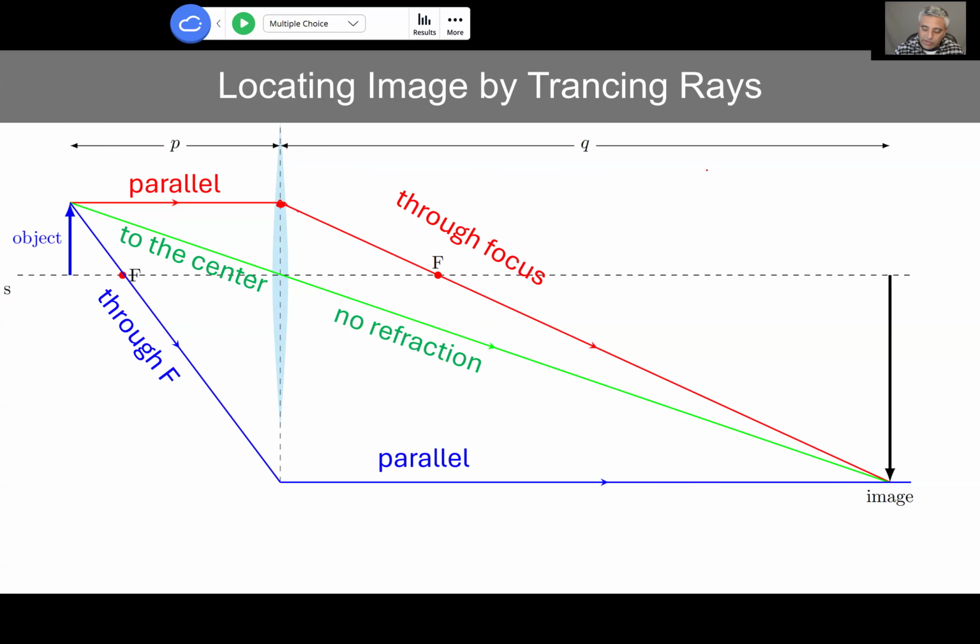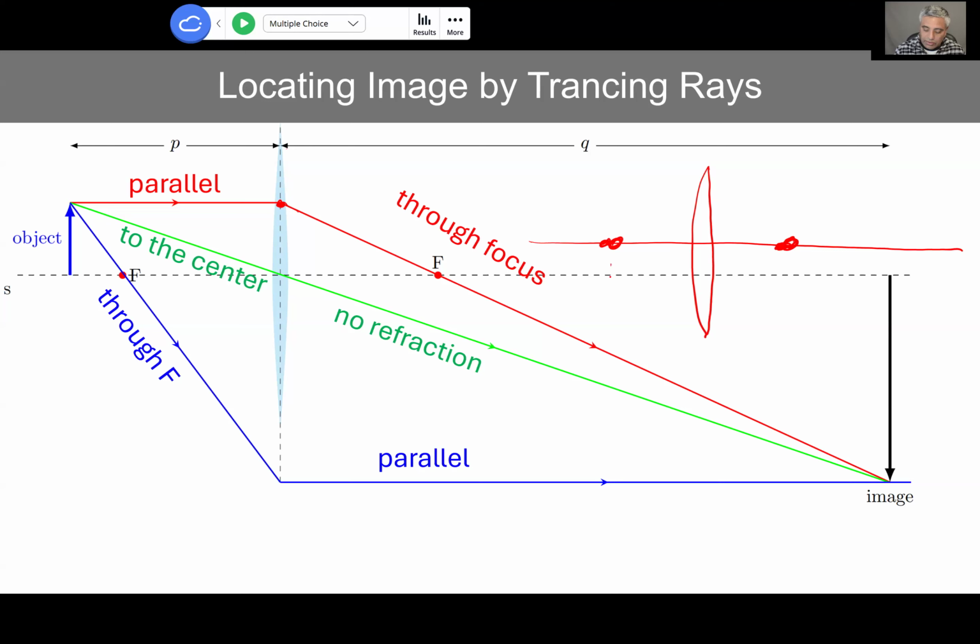For example, if you are drawing on paper, you can draw a lens something like this and draw the optical axis like this, and then make sure you mark both sides of the focal point at equal distance. Maybe use a ruler and mark those points.